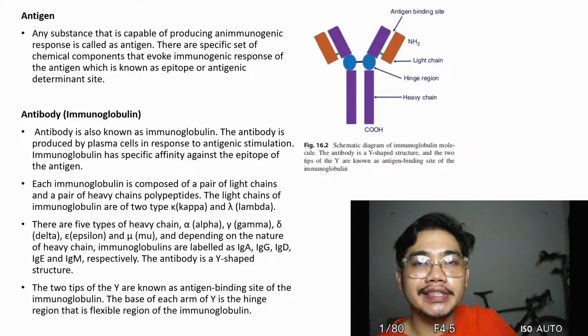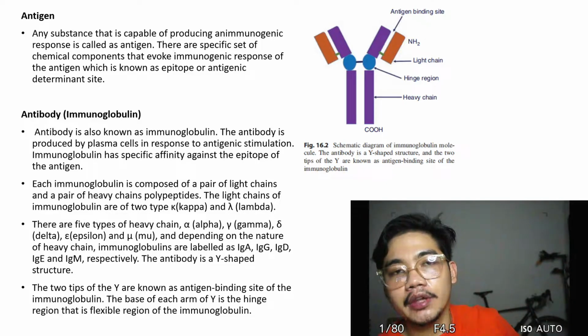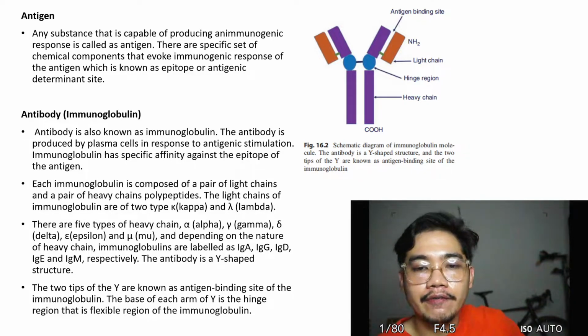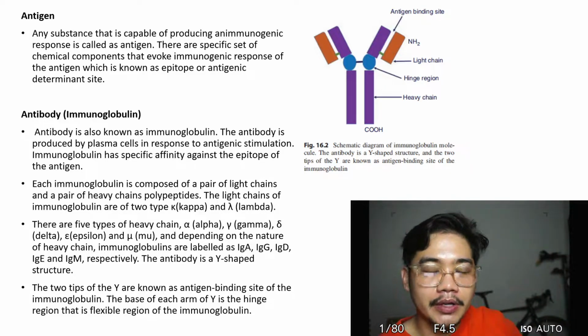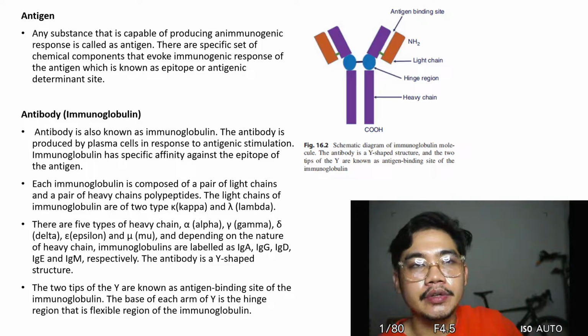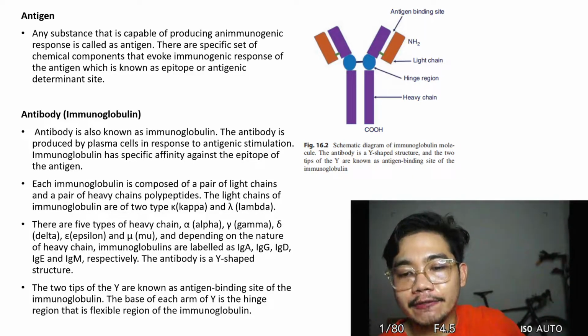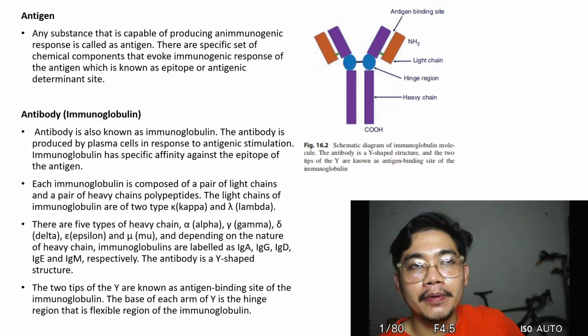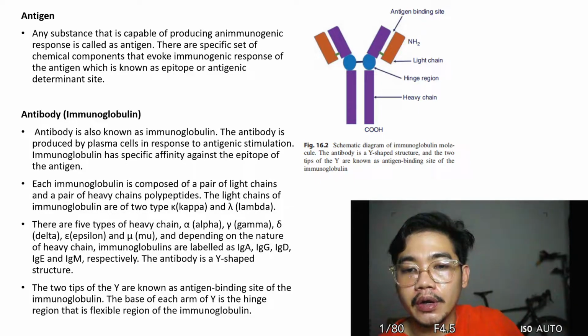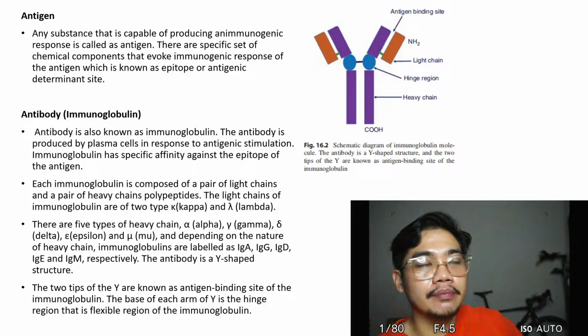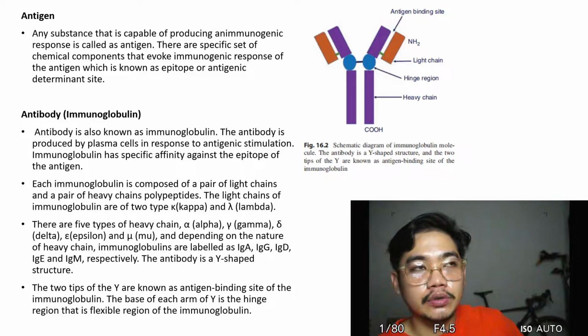Always remember IgM is a pentamer, and what binds those five antibody molecules together is your J chain. This pentamer is very good in activating your complement, and it's very good in clumping together cellular components.